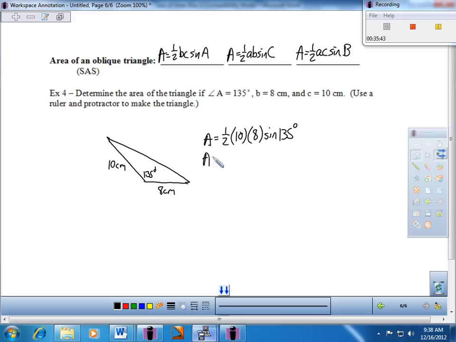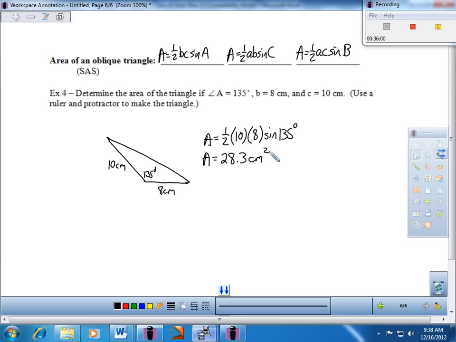You can just let the calculator do most of the work. So if you don't mind, grab your calculator and confirm what I'm going to give you. 1/2 times 10 times 8 times the sine of 135, which is root 2 over 2. And you end up getting about 28.3 square centimeters. Perfect. And that's it. It's a nice one.